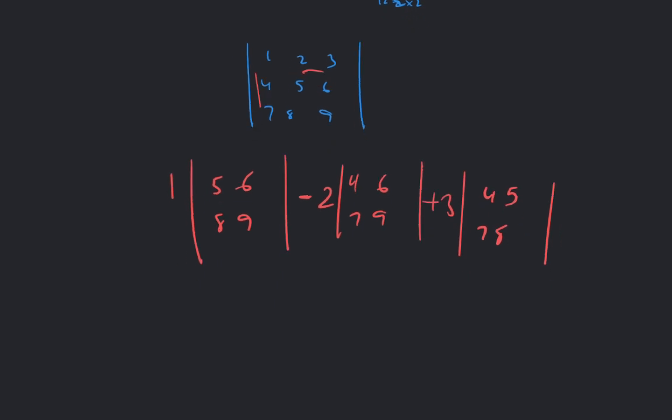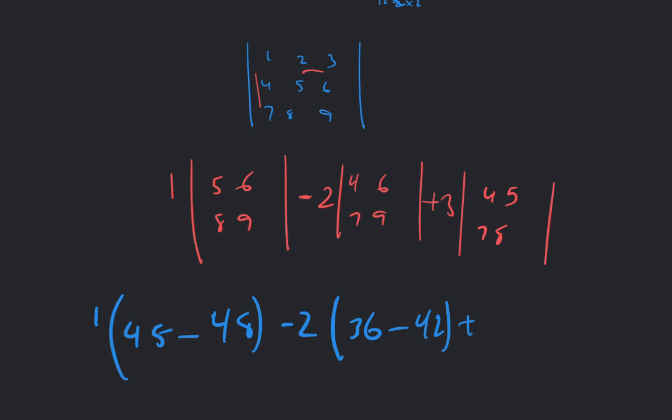So if we do the math, it's 1 times 5 times 9 is 45, minus 8 times 6 is 48, then we have minus 2 times 9 times 4, 36, minus 42, plus 3 times 32 minus 35.